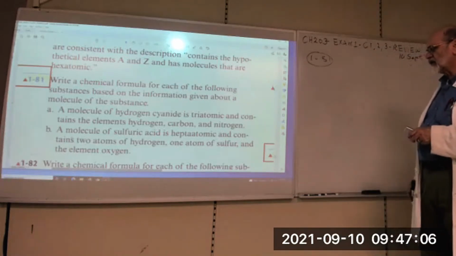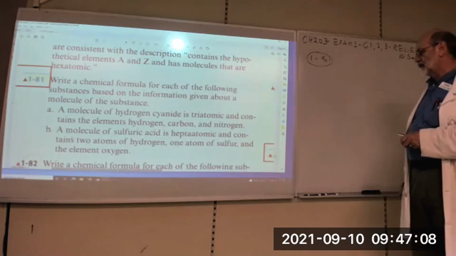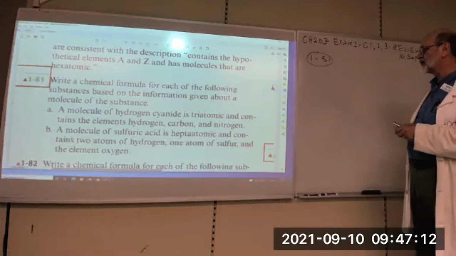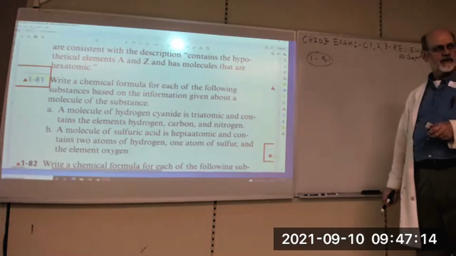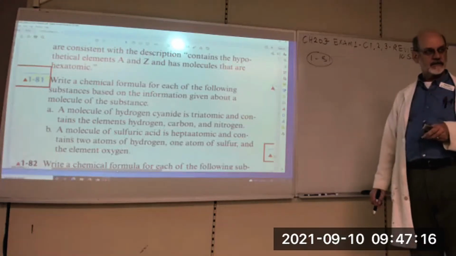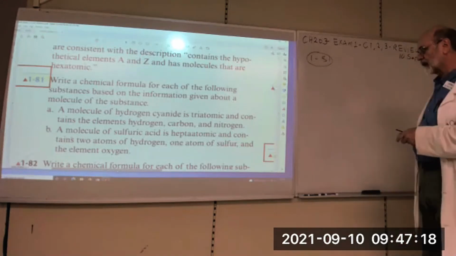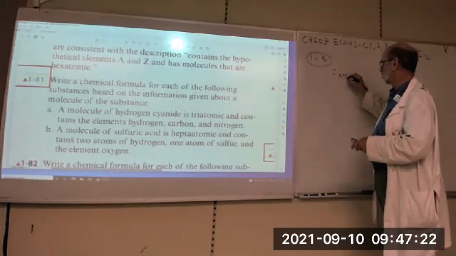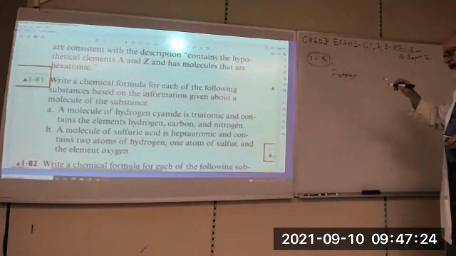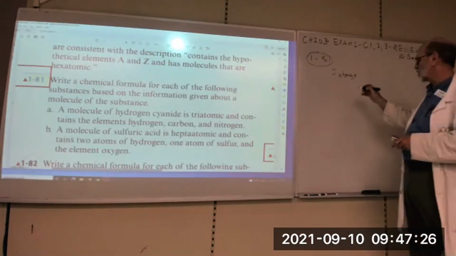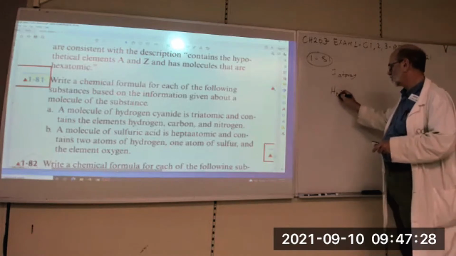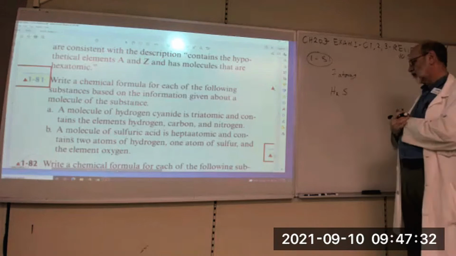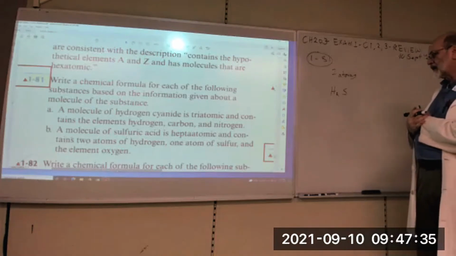B, a molecule of sulfuric acid is heptaatomic, which means what? 7 atoms. Okay, it has 7 atoms and contains 2 atoms of hydrogen, 1 atom of sulfur, and oxygen.